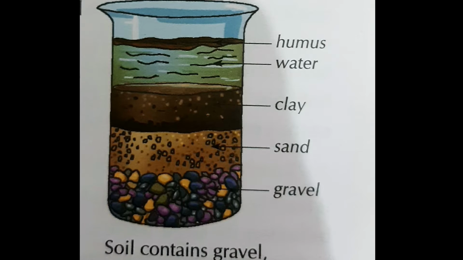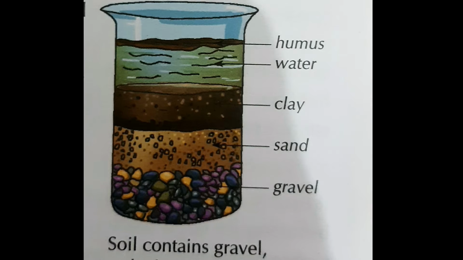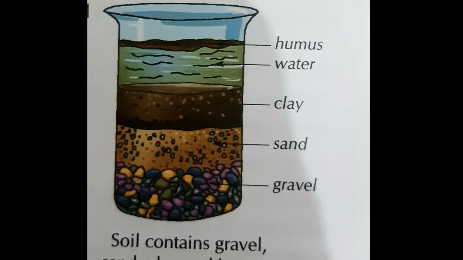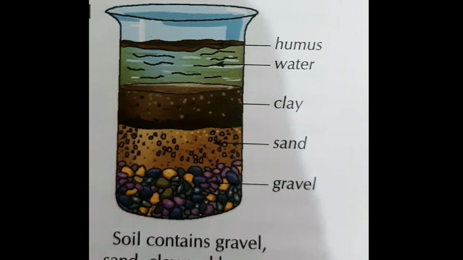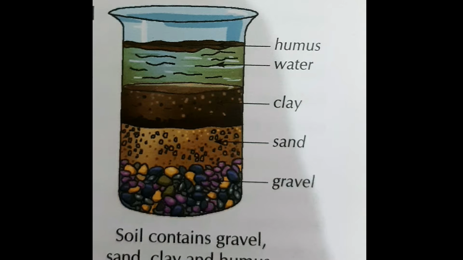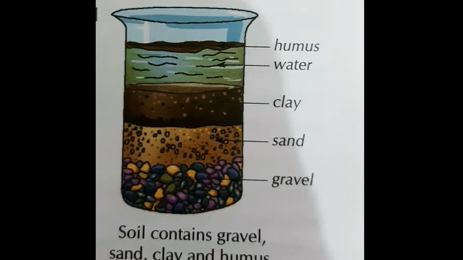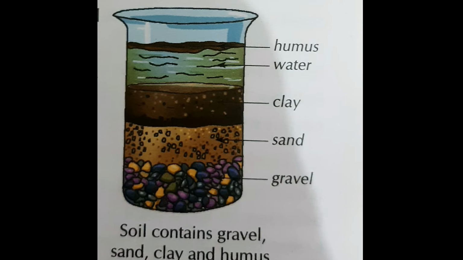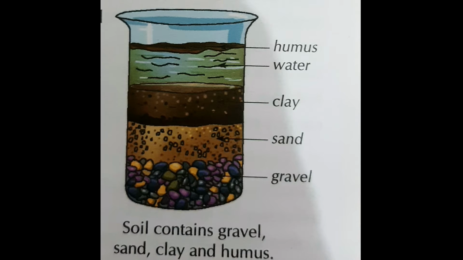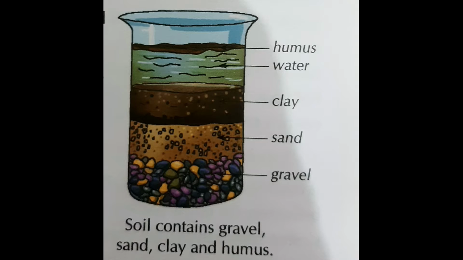And above that you will find that some things are floating on the surface of the water, and these floating substances are actually the remains of dead plants, dead insects, and dead animals, which is called humus, and they make the soil fertile. So in this way we can say that soil contains stones, sand, clay, and humus.